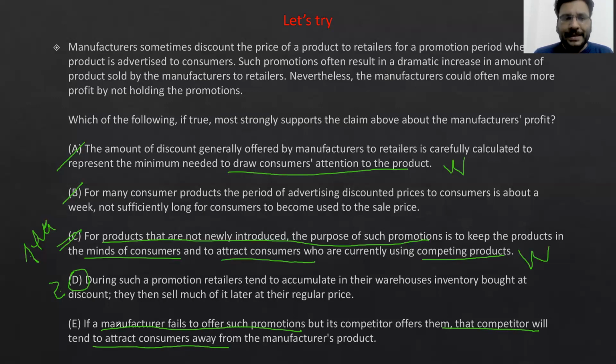Now, in a sense, it is supporting promotion, right? Let's give promotion to consumers, right? So that is not a strengthener. It's a weakener. So the right option is option D, which strengthens my conclusion. So I hope it's quite clear for all of you.